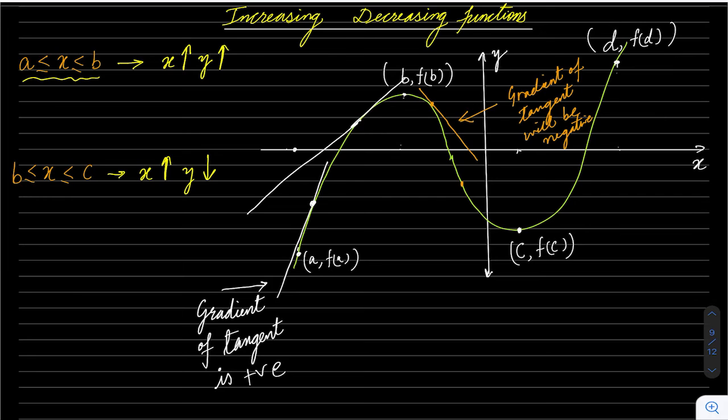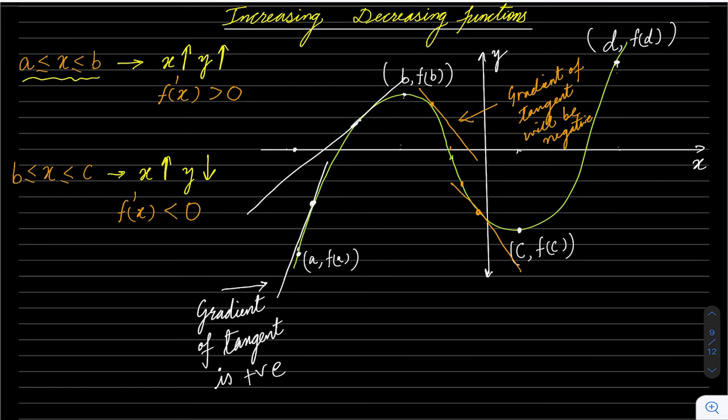If you draw the tangent, then it will be negative. So let's write this observation. The gradient of tangent, meaning f dash x value, will be positive from A to B. From B to C, my f dash x value will be negative.